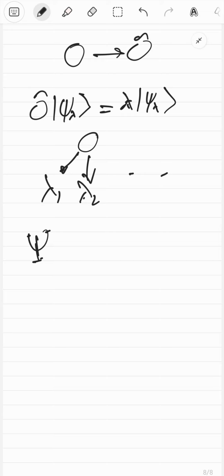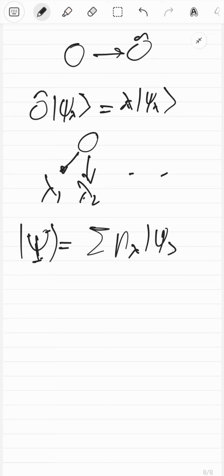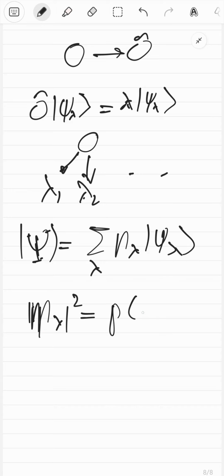So whatever solution you get for the Schrodinger equation, if you can express that using these eigenvectors as something like this, a summation of p sub lambda, then this quantity is the probability that O is lambda.